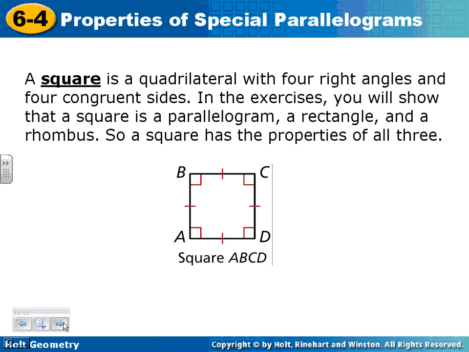So a square has the properties of all 3. In other words, if there was a rule about a parallelogram, it applies to a square. All those rules about rectangles, it applies to a square. And all those rules about a rhombus, they apply to a square as well.